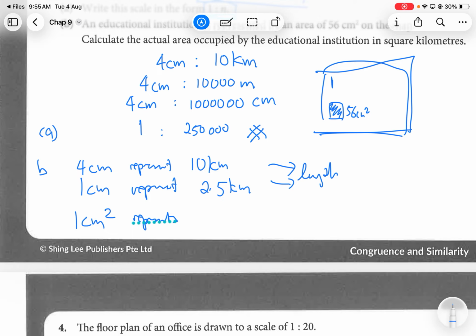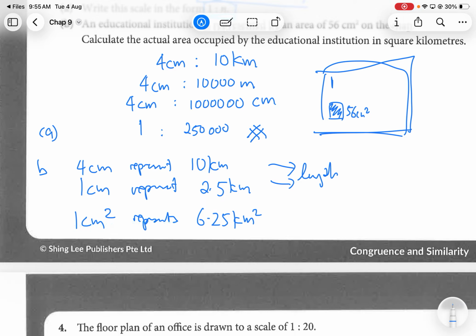Area is very different already. 1 cm is to 10 cm, but the area, every 1 cm square is to 100 cm square already. They are still the same similar figure, but the area is no longer follow the scale factor of length.